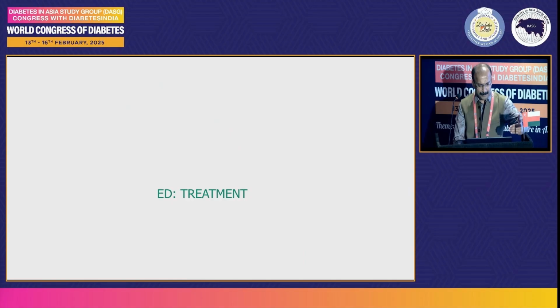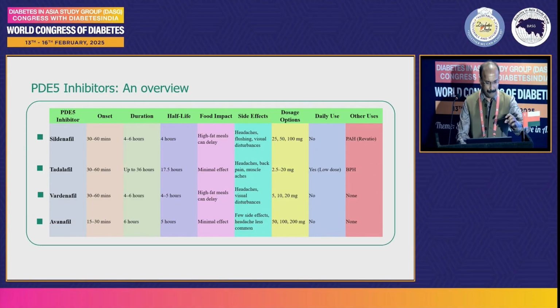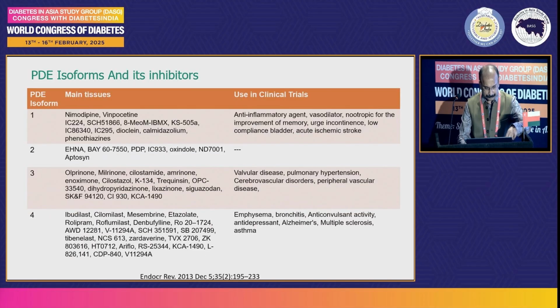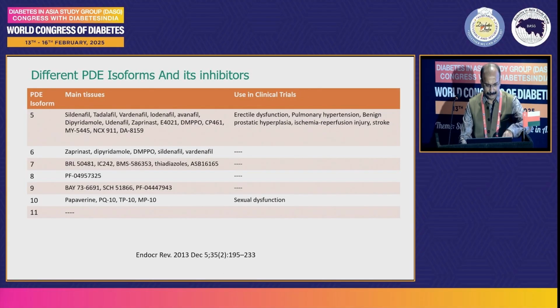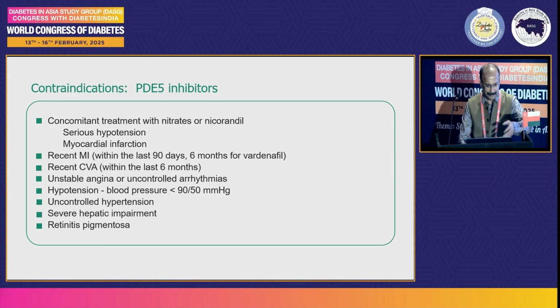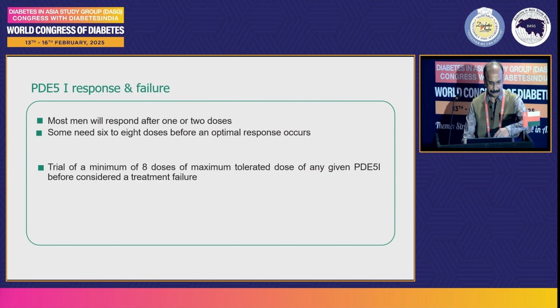So coming to the treatment of erectile dysfunction, PDE5 inhibitors revolutionized the treatment of erectile dysfunction, and these are the various isoforms. There are 11 isoforms, and these are the inhibitors. So in patients on PDE5 inhibitor, it improves the endothelial dysfunction, and the common side effects include headache, and it should not be concomitantly administered with nitrates.